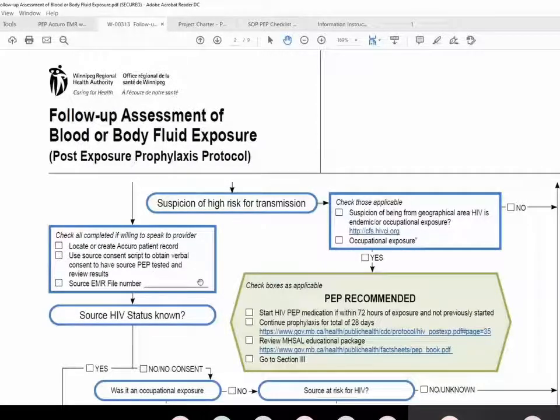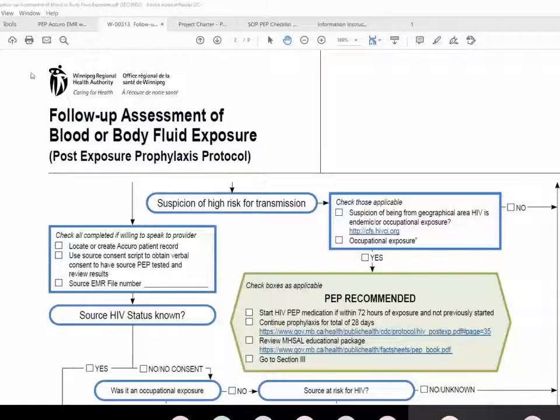In order to put a source's information on this form, which will live only in the exposed electronic record, we must get consent from the source. CSIS has been great at putting together and helping us create a clinical note template to guide that conversation.